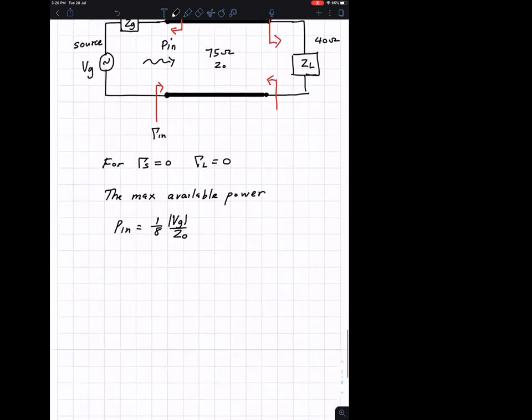And we are also told that it's lossless. So therefore, whatever is available at the source can be directly transferred to the load. Do you guys agree with this?